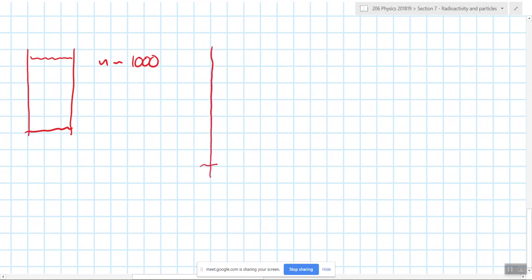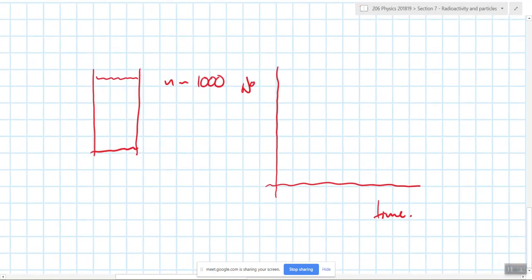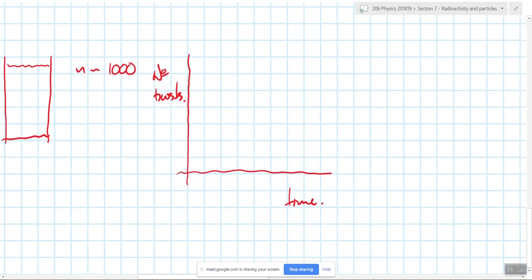So if we were to look at the number of bursts, at the very beginning, we should be getting a large number of bursts per second because we've got a large number of bubbles. But as we run out of bubbles, we're going to have less bubbles bursting per second.